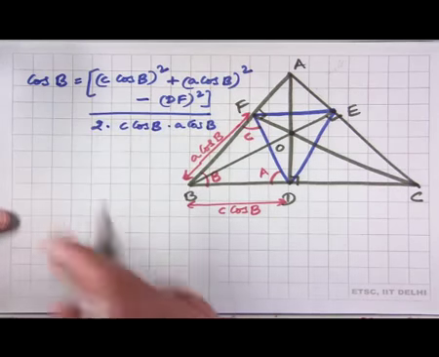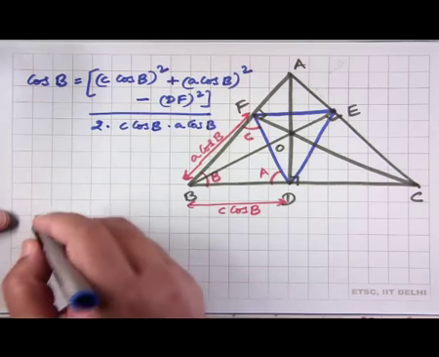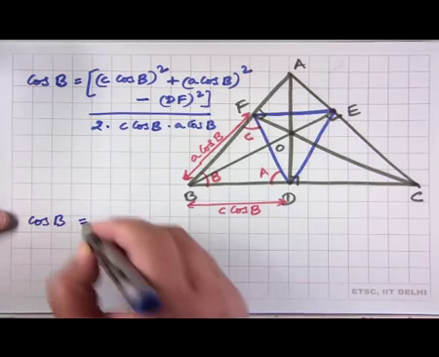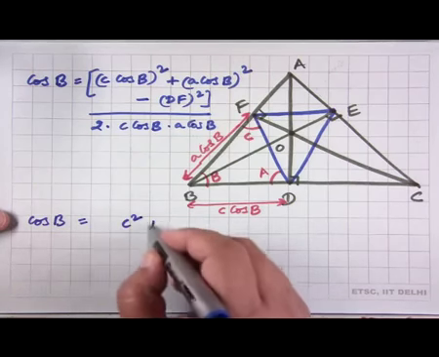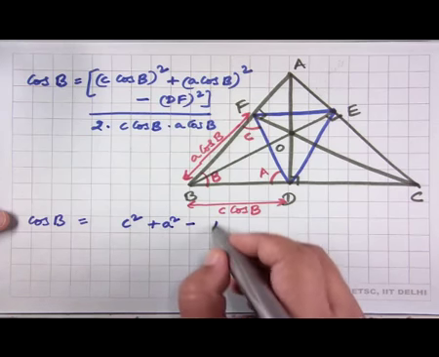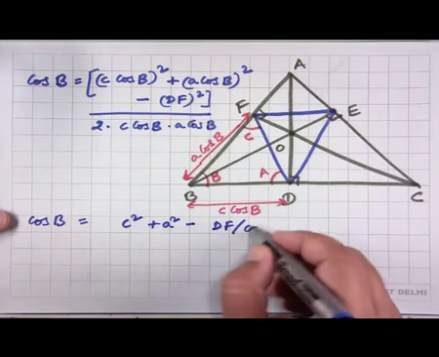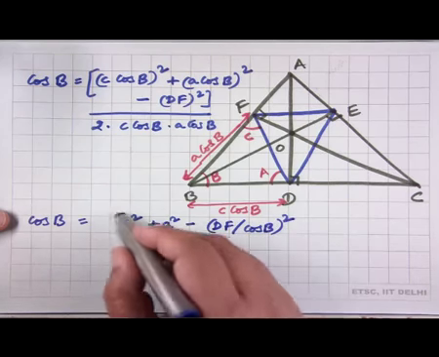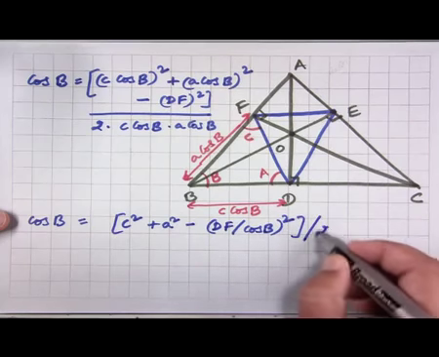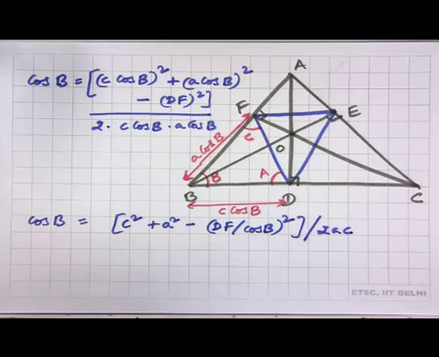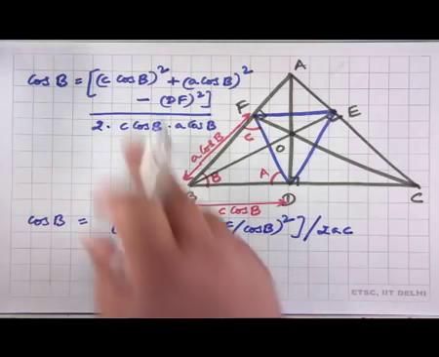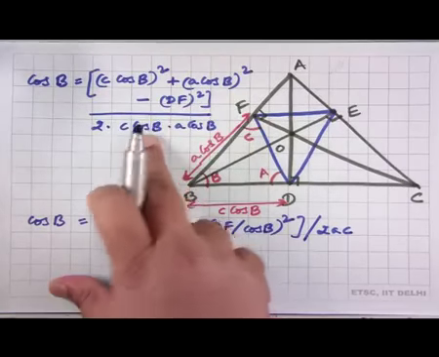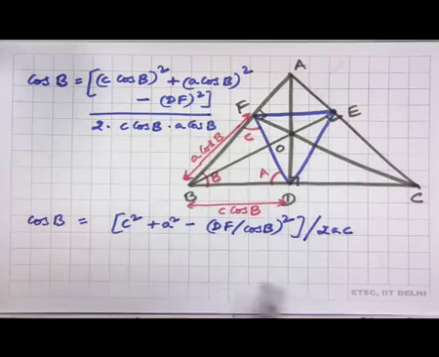And then if we further simplify that, what we get is that cos of B is equal to C square plus A square minus (DF by cos B) whole square, divided by 2AC. For this of course, we have to take cos B square outside as a common term, and that gets cancelled with the cos B square in the denominator.